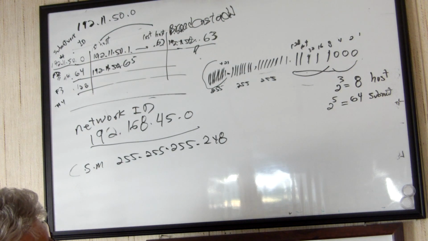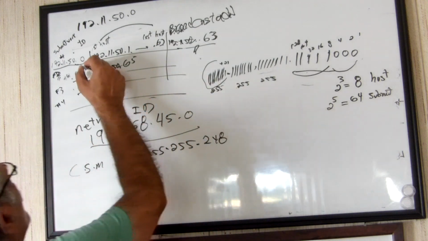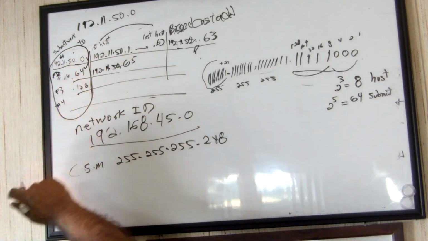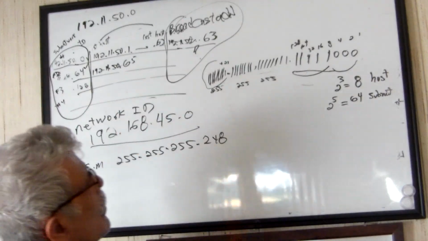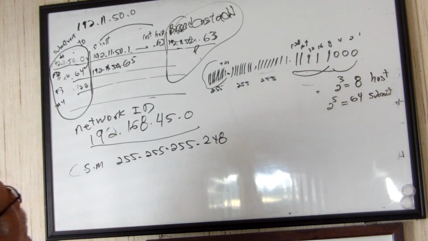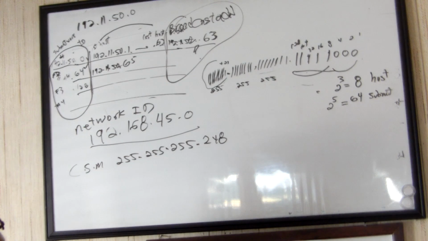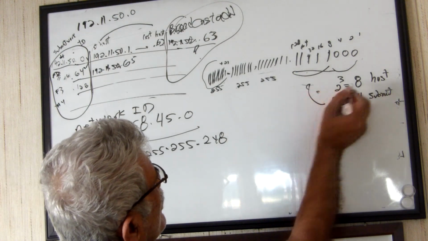But actually, the usable hosts are 6, because 8 minus 2, the first for the network ID and then 1 for the broadcast ID. So the two are deducted. Okay, so this is subnet and this is host.